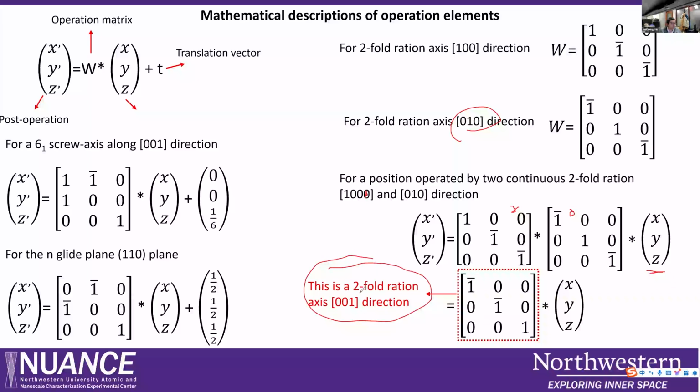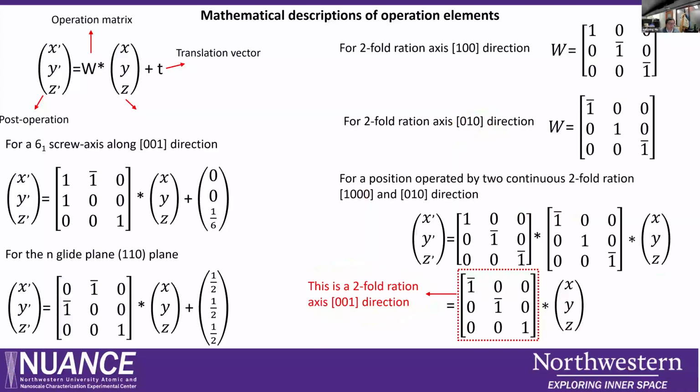This is actually another twofold rotation axis, but along the 0, 0, 1 direction. This means if you combine 2 or 3 basic operations, you get another symmetry. That means although you have 3, some of them may not be fundamental, not basic, or not independent.